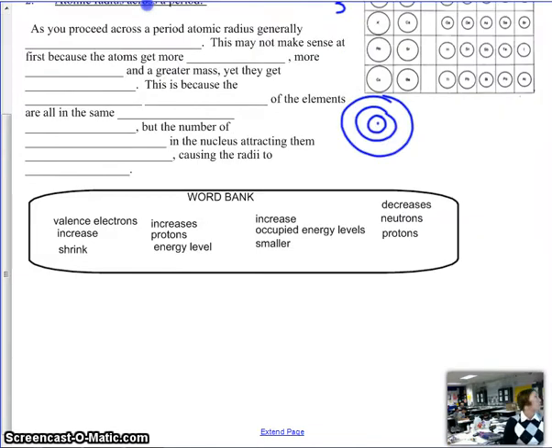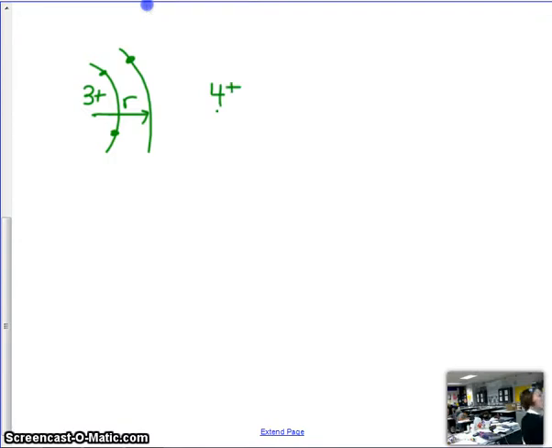So my diagram of that looks something like this. If you think of lithium, here in the nucleus, there are 3 protons. And there are 2 in the first shell and 1 in the second shell. So the radius is here. As you go to the next element in the period, there are 4 protons in the nucleus.